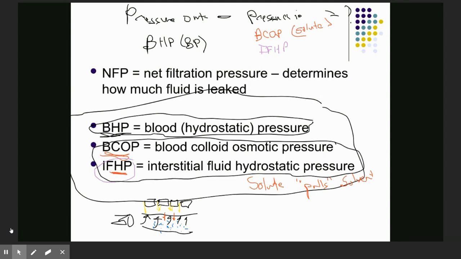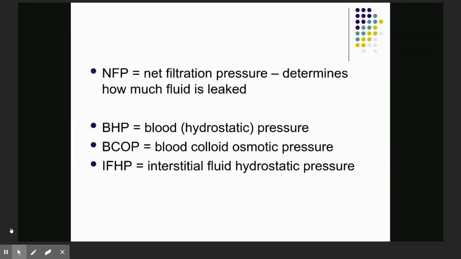What you have to remember is if it's equal to 0, greater than 0, or less than 0. So what is it? If it's equal to 0, what's going to happen? Nothing. That's right. There's no filtration and no absorption. Water's not going to move in either direction.